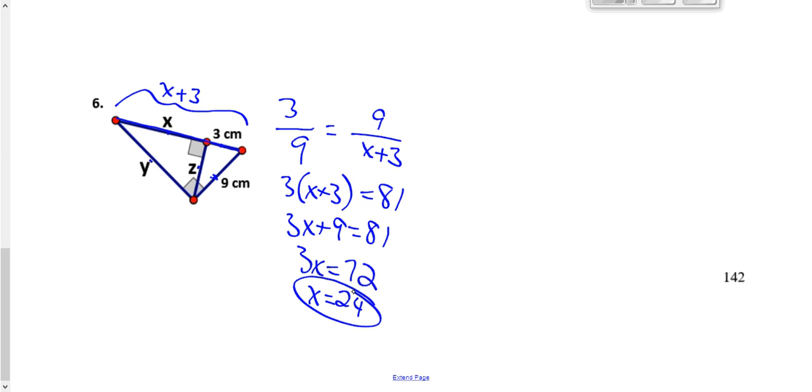Can we use this fact now in the diagram? Yes, we kind of have to, don't we? So that's 24 plus 3. If we want to go after the y, guys, what's the whole segment up here? That's right, 24 plus 3, 27. See how we did that?